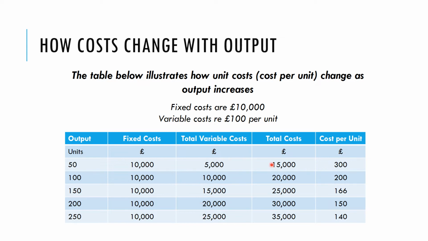The fixed and the variable together gives us total cost, and total cost divided by output tells us the cost per unit. And if you study the cost per unit column here, what you can see is that as we produce more units, the cost per unit, the unit cost or the average cost per unit, starts to fall. So at 50 units it's £300 per unit, at 250 units it's £140 per unit.